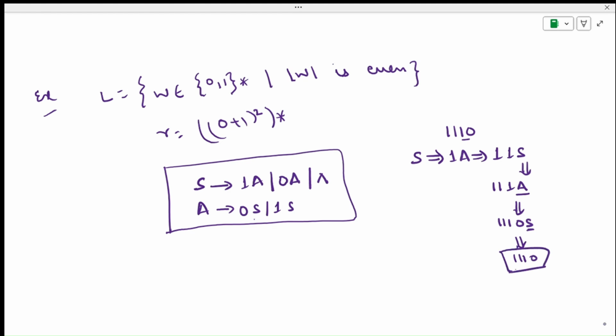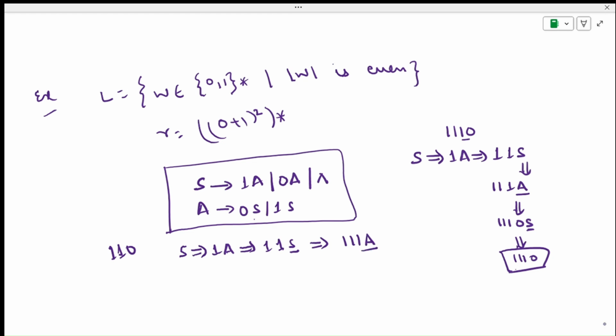Now try some string which is of odd length. Suppose I have the string 110. What will happen in this case? 1A, 1S. Now this S is replaced by 1A. Now what next?